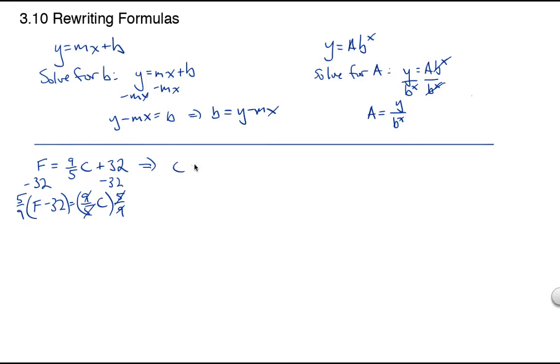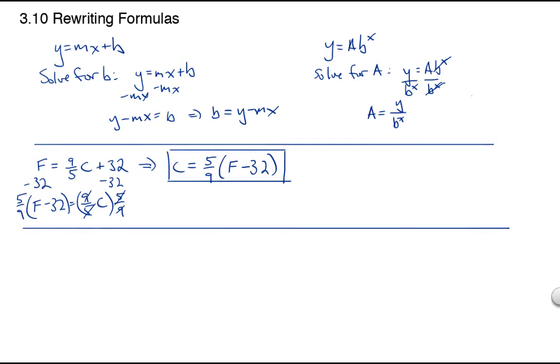So our formula for Celsius is 5/9 times the quantity of F minus 32. And that's pretty much it. Now you could distribute that 5/9 through, but I wouldn't recommend it. It's a little bit cleaner this way. So this is fine.